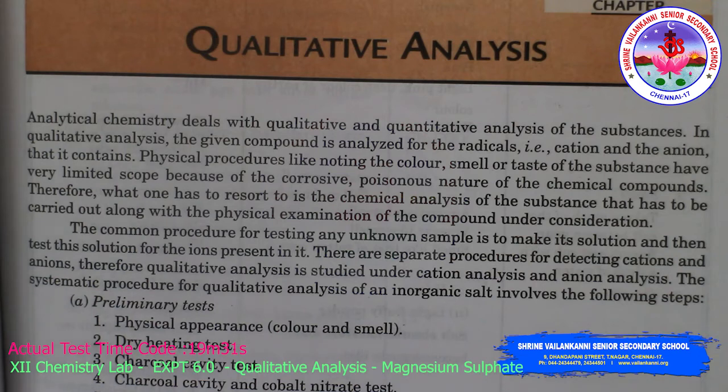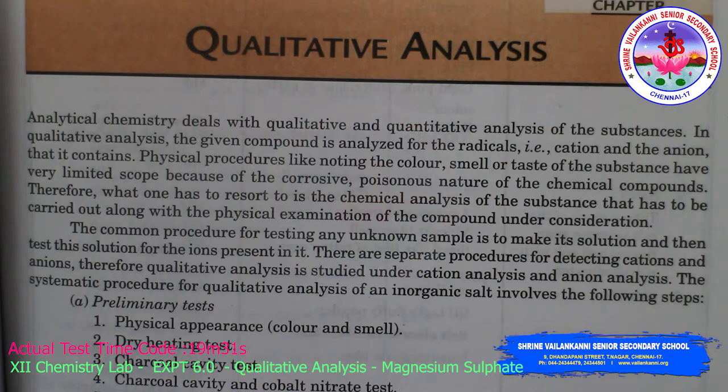For example, in hydrochloric acid, HCl, the chloride ion is the anion. In sulfuric acid, sulfate is an anion. Similarly, the basic radical is a part of a base and is metallic in nature, and it is positively charged. Example, calcium ion.